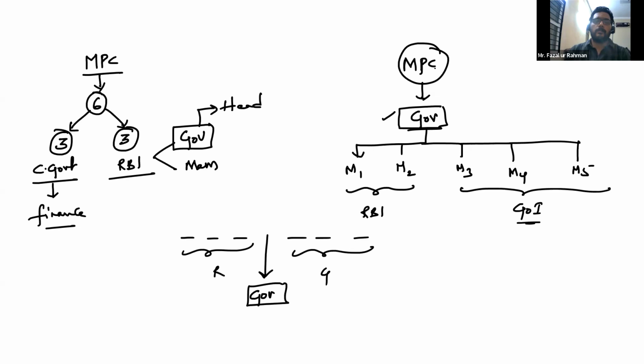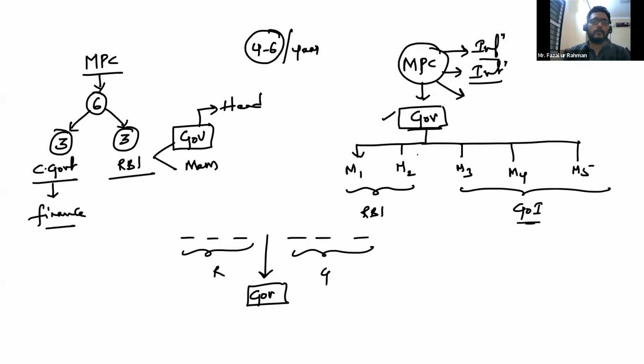The Monetary Policy Committee has to meet at least 4 to 6 times in a year. And what they will do, they will always set the inflation rates. They will check the interest rates, how the functionality of the bank is working, and what measures they need to take.